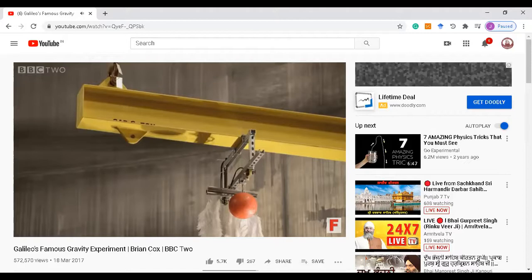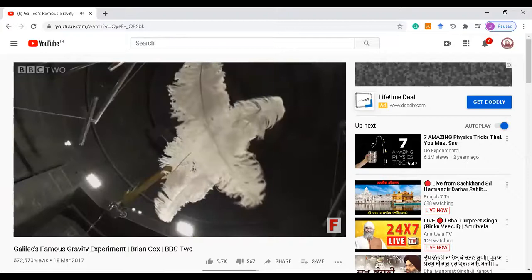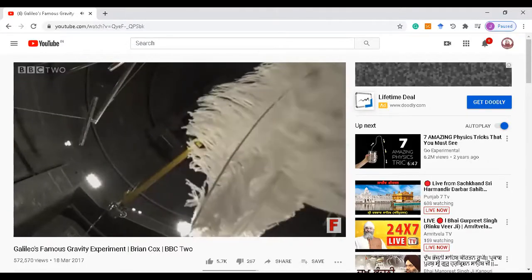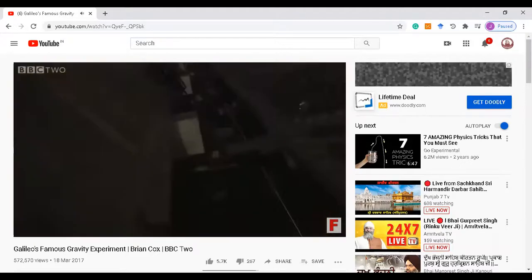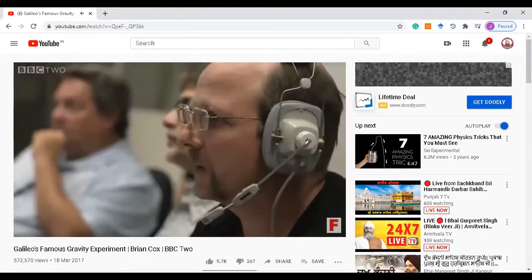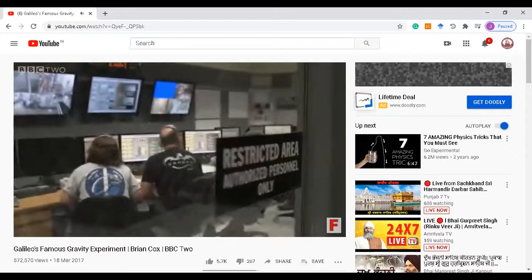But then they create vacuum inside. So he will be standing outside, and in vacuum we will observe which object will fall earlier. After some time, now they are creating vacuum inside. They have turned on the vacuum pump.